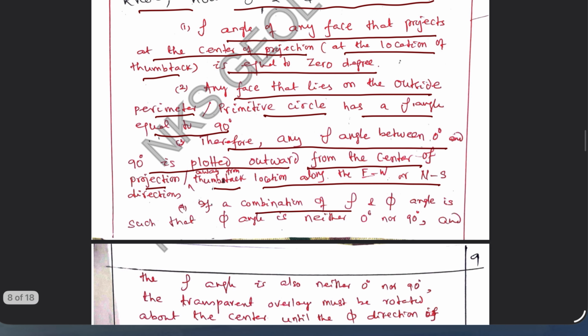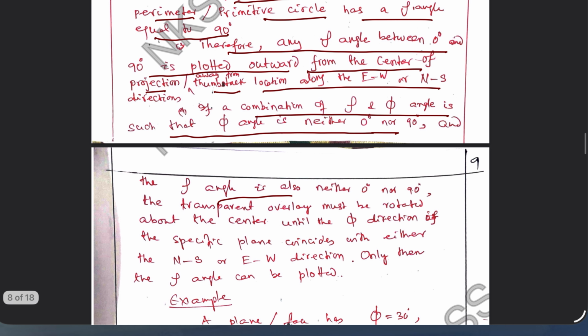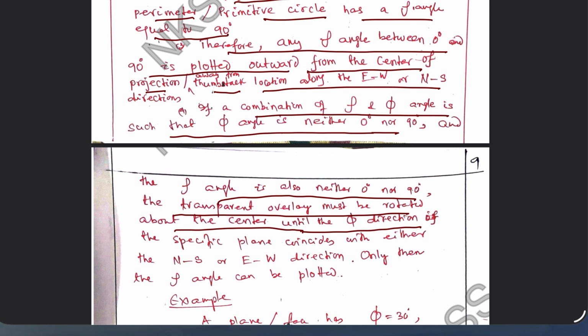If a combination of rho and phi angle is such that the rho angle is neither 0 nor 90 and the phi angle is also neither 0 nor 90, the transparent overlay must be rotated about the center until the phi direction of the specific plane coincides with either the north-south or east-west direction.